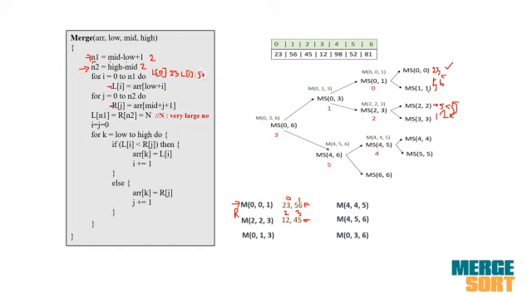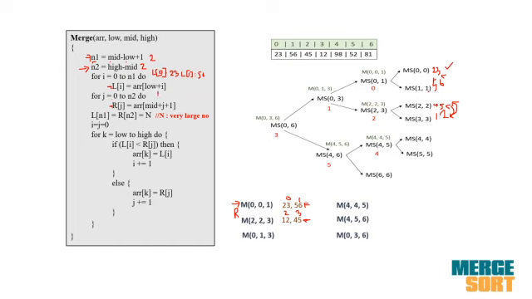This is actually done by these 2 lines of code. For i equals 0 to n1, L[i] equals array[low + i]. So this is going to run from 0 to less than 2, and this is going to be the result. Similarly, we have another for loop for the R part of the array, from j equals 0 to n2, that is from 0 and less than 2.